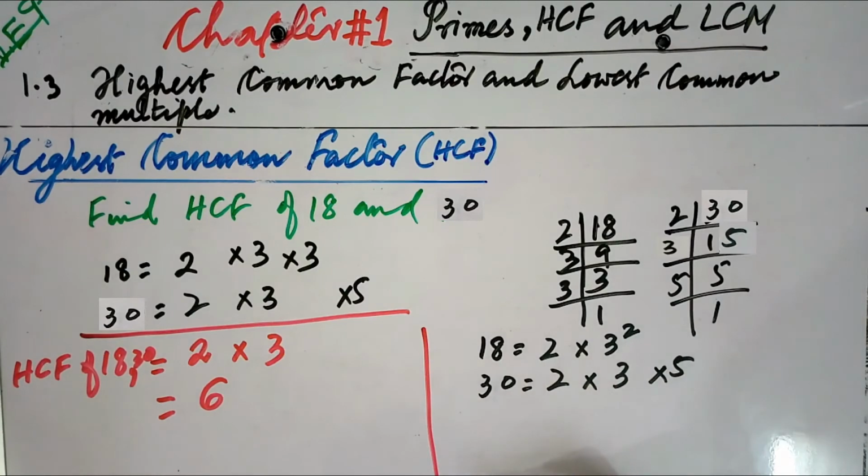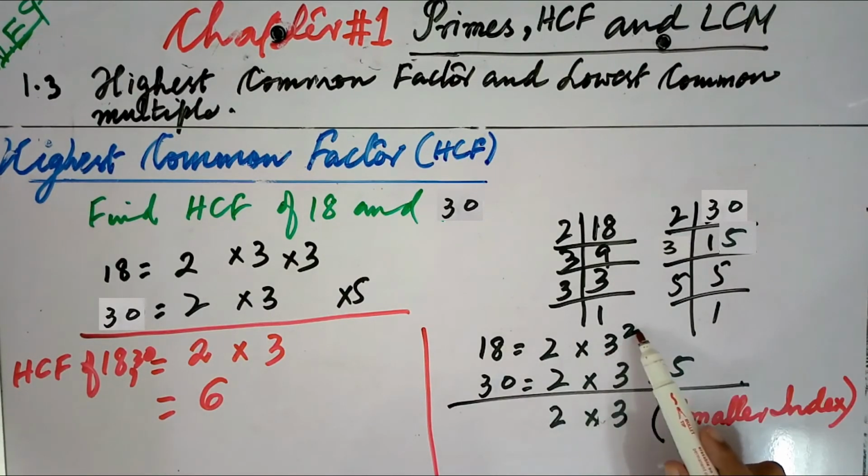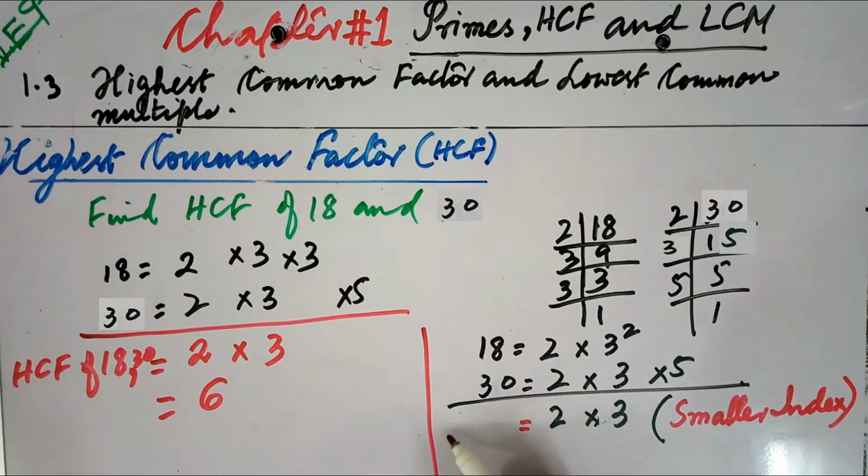You can see that the power of 3 is 2 here and here the power of 3 is 1. What is the smaller power? You have to take the number with the smaller index or smaller power. So 1 would be the smaller power. You will take 3 here. So 2 multiplied by 3 is your HCF and this is 6.